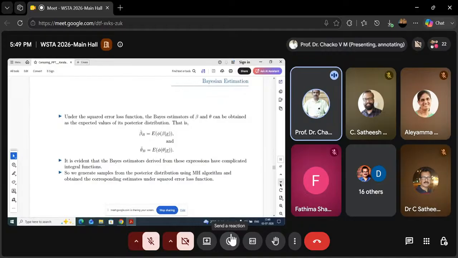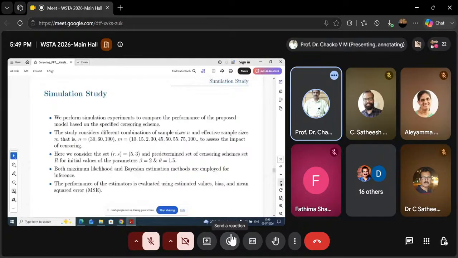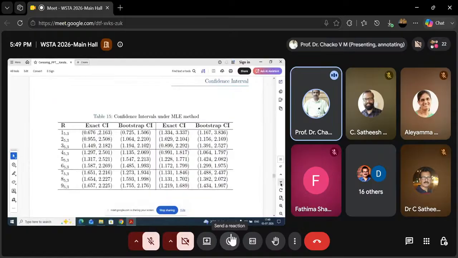The theory is given. Using the MH algorithm, we have computed a simulation study on the appropriateness of the distribution and parameter values, and it is found that we can see the MSE values are going to 0. So the model is good.